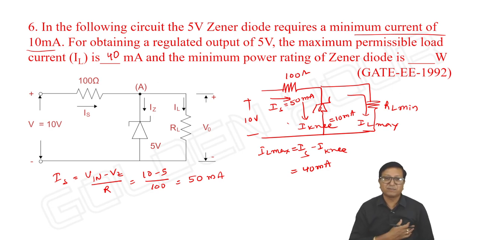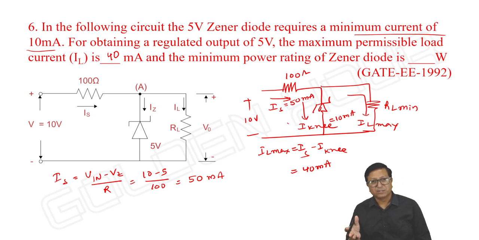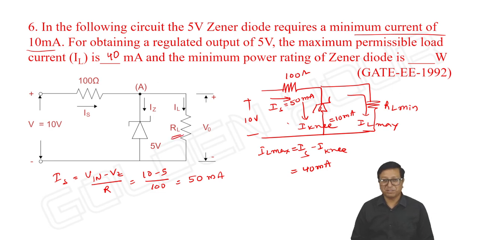Next, the minimum power rating of the Zener diode. Okay. Means IZ maximum should be found. For getting IZ maximum, is it given in the data? No. Then how to take it? They have not mentioned RL maximum. So what do we do? Assume RL maximum is infinity.